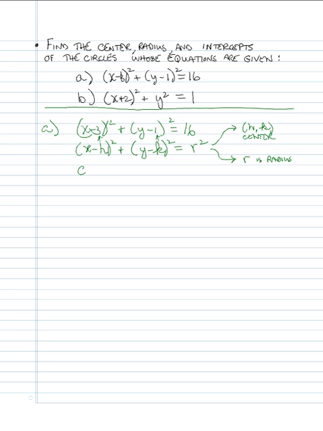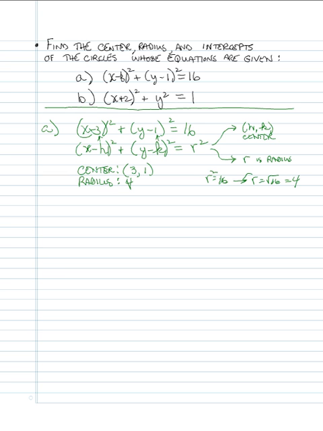So we can quickly say that the center is h comma k, or 3 comma 1. And, of course, in our case, on the right side, we have a 16, and that represents the radius squared, r squared. And so r itself, since r squared is 16, then r must be the square root of 16, which of course is just 4. So the radius is 4 here.